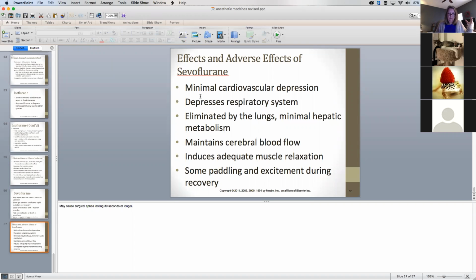Versus when you're out of circuit, they can breathe whatever respiratory rate they want. You're setting a consistent oxygen flow and percentage. They're not pulling oxygen through the vaporizer, so their respiratory rate has no effect on your vaporizer. And that's how to understand for the boards the difference between the two.